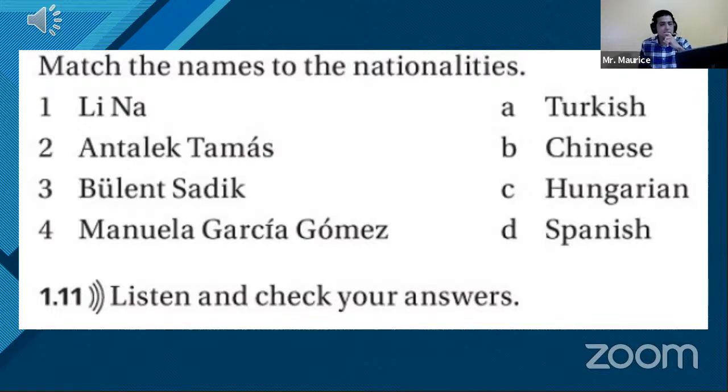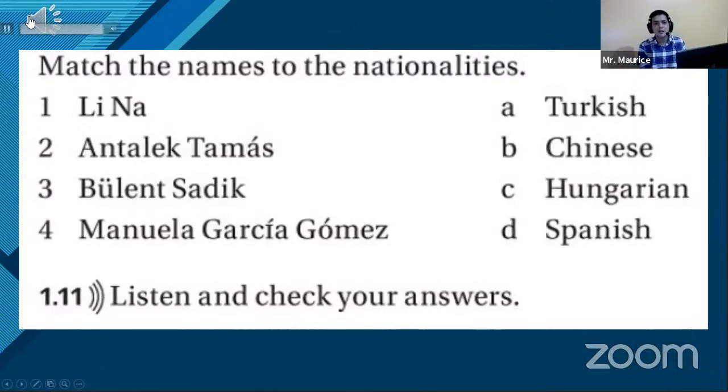Well, I'm not from China, but we're the same as you now with names. I'm Hungarian, and my family name's Antalek. So please call me Antalek Tamás. So, Tamás is your personal name. That's right. Well, Spanish names are different. I'm Manuela Garcia Gomez. We say our first name, then our father's family name, and then our mother's family name. Wow. Yes, it isn't short.